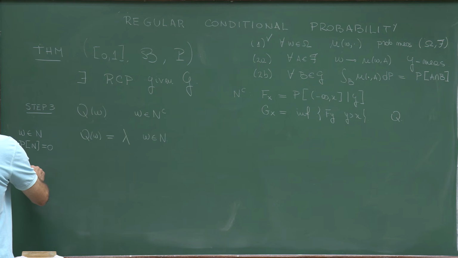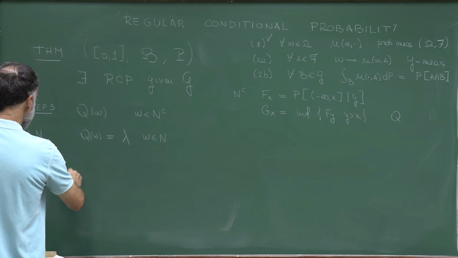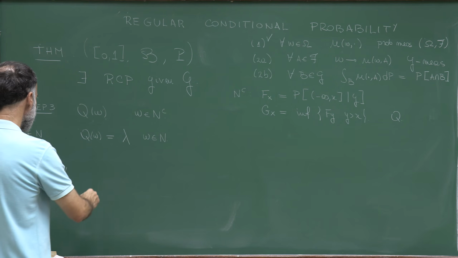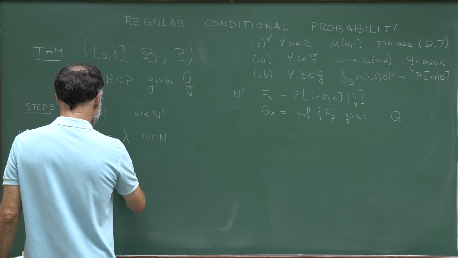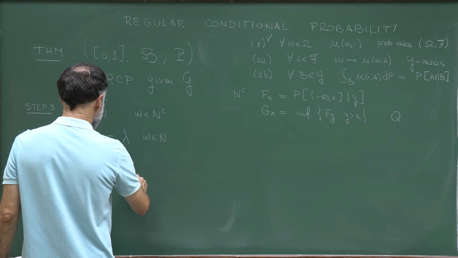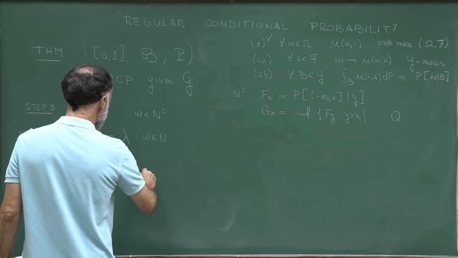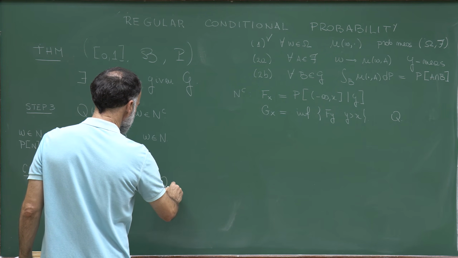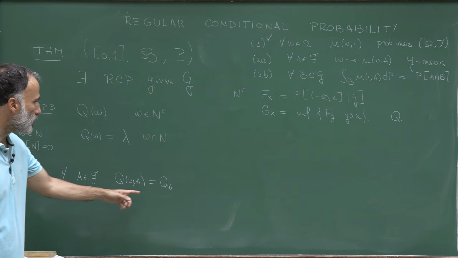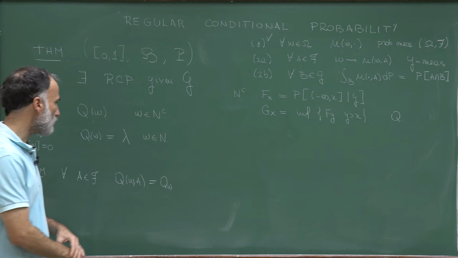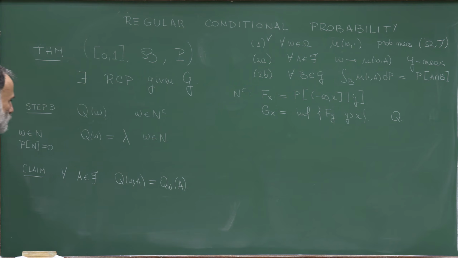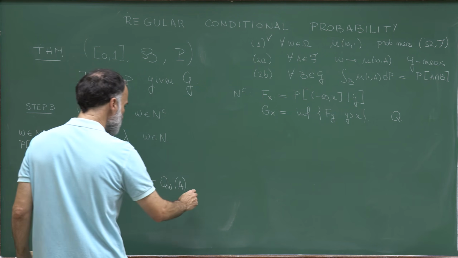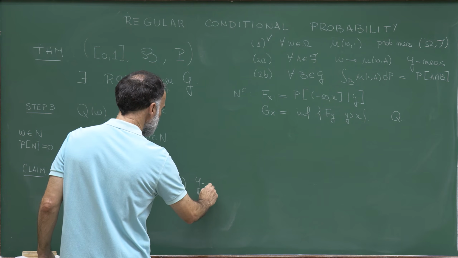My claim is that for all A in F, Q(ω)(A), which is the measure, so for each ω, we constructed a measure Q(ω), and we are taking Q(ω) of A, so that this function, as a function of ω, is G measurable.